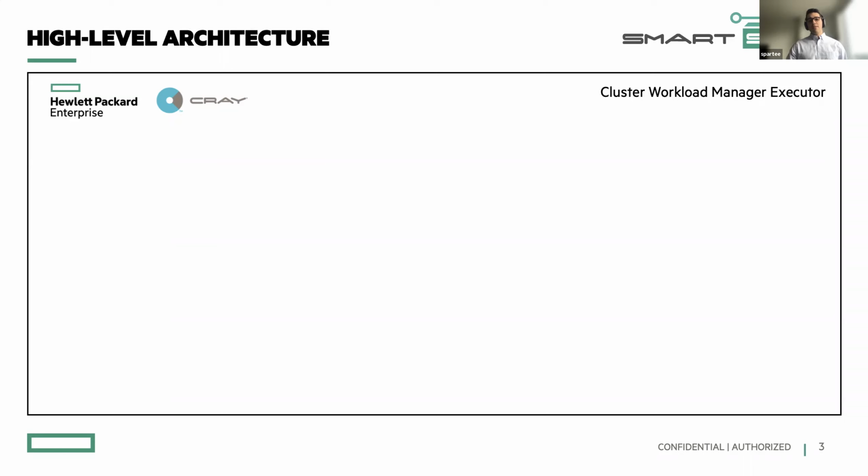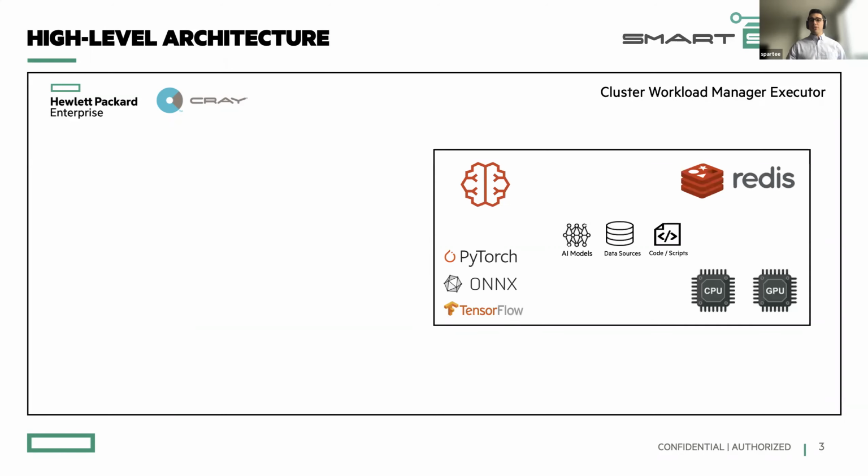First, SmartSim is capable of launching what we call the Orchestrator, which is built on top of Redis. It's an in-memory database written in C. It's a key value store, so essentially it's a large hash map. The way I like to explain it to people that aren't familiar with Redis, it's like a gigantic Python dictionary that can be distributed out onto a supercomputer, as you can see.